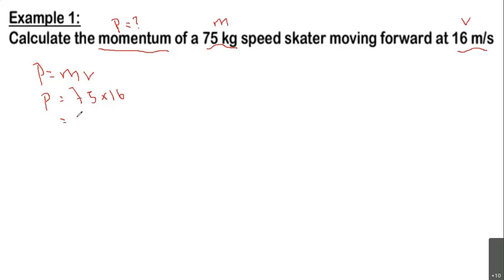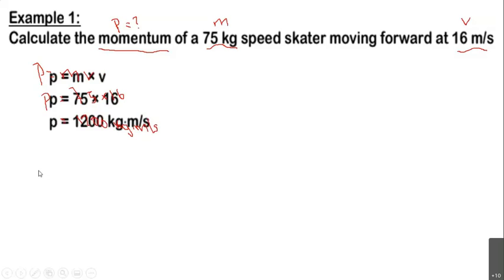Siobhan said we get 1,200 kilograms. Kilogram meters per second is how we say that, okay? So here it is, much neater than I can write it. Okay. Easy peasy.